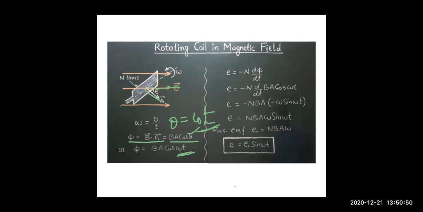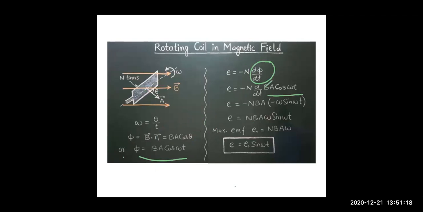Now according to Faraday's second law, we know the EMF E equals minus d phi by dt, but there are N turns, so it will be minus N d phi by dt. Minus sign is in accordance with Lenz law. So if you find the magnitude, you can remove the minus sign, no problem, right? So if you put the value of phi from here in this, it will be BA cos omega t, right? Now what is constant?